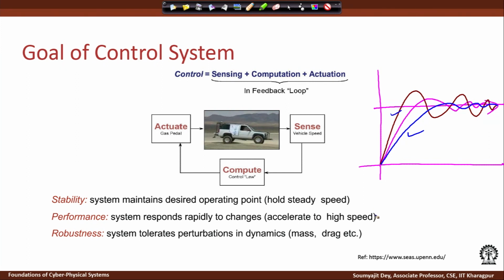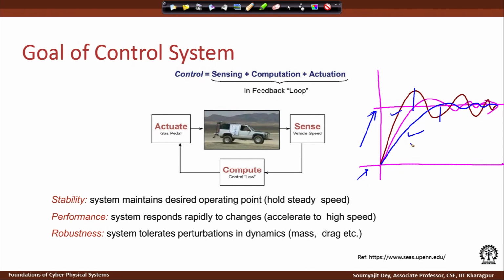This brings us to the question of performance. Let us say this was a rapid command: initially I was here, then a command came to go here, and I responded. This is a fast response, and this is also a fast response, but the perturbations are big. These are slow responses, but the perturbations are fewer. So, this brings in the question of performance.